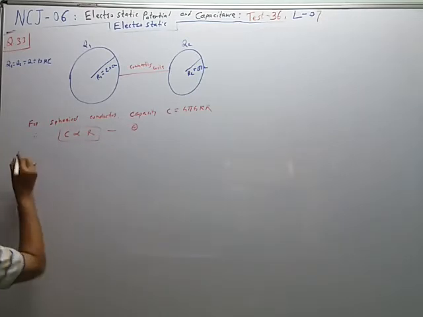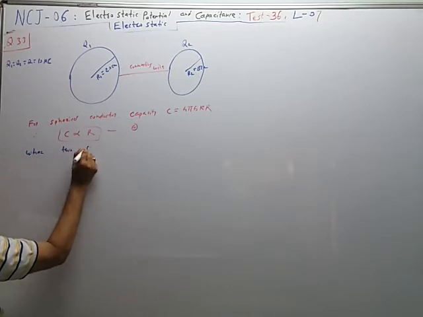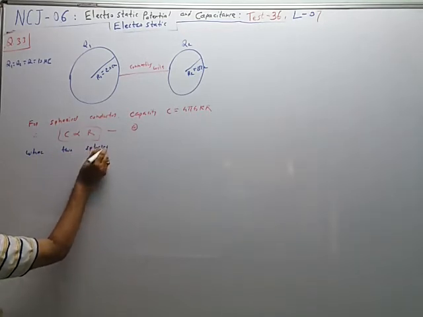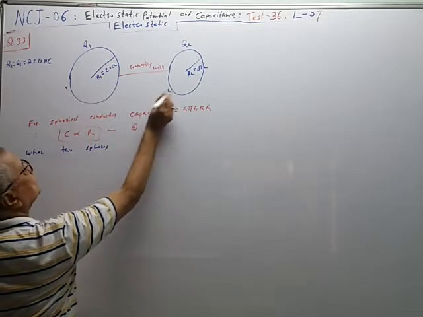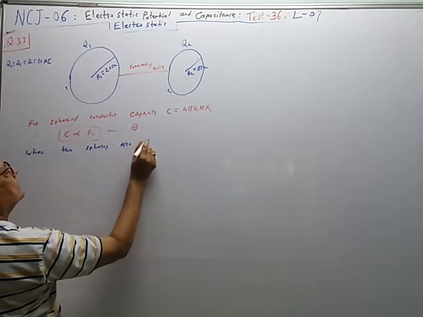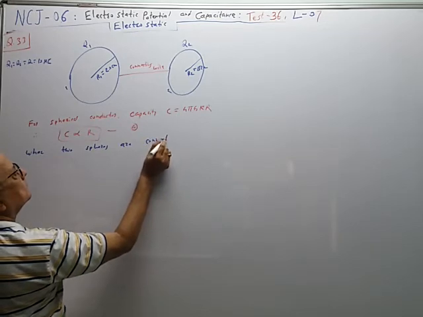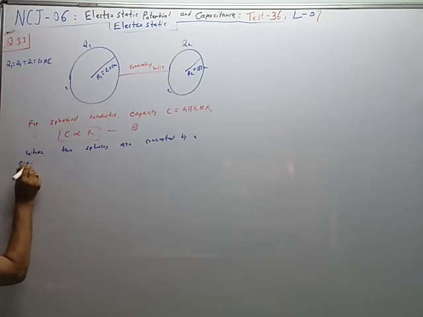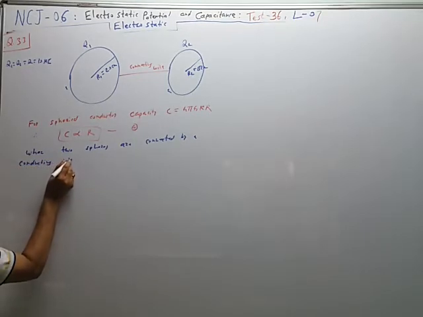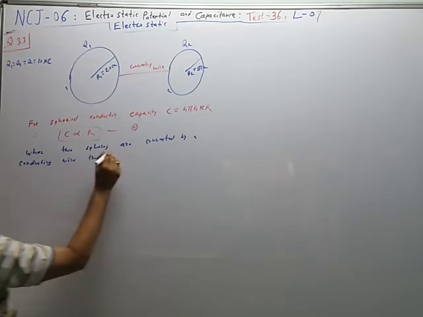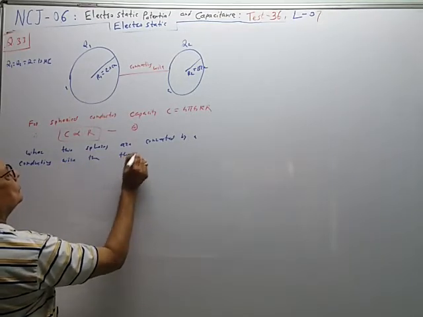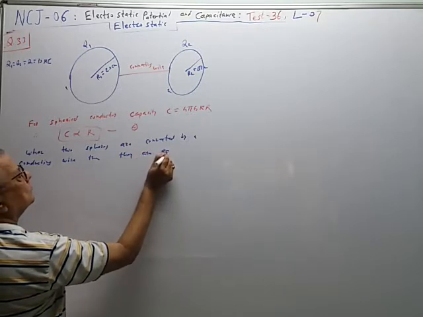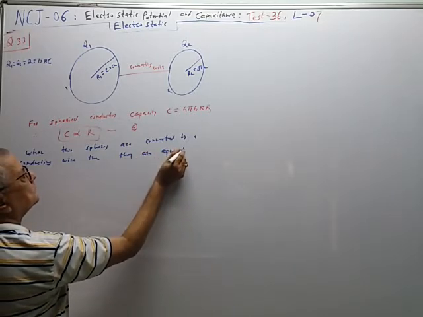When two spheres, 1 and 2, are connected by a conducting wire, then they are equipotential.